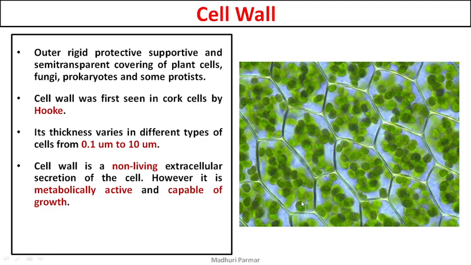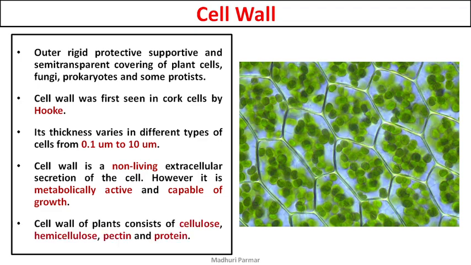How will the cell elongate if the cell membrane is rigid? Sorry, cell wall is rigid. So the cell wall itself can also grow. Okay, because it grows, the cell can grow a little bit, not as much as animal cells grow, but plant cells or their cell walls can also grow. Okay, they are also metabolically active in the sense that some reactions can take place in the cell wall also.